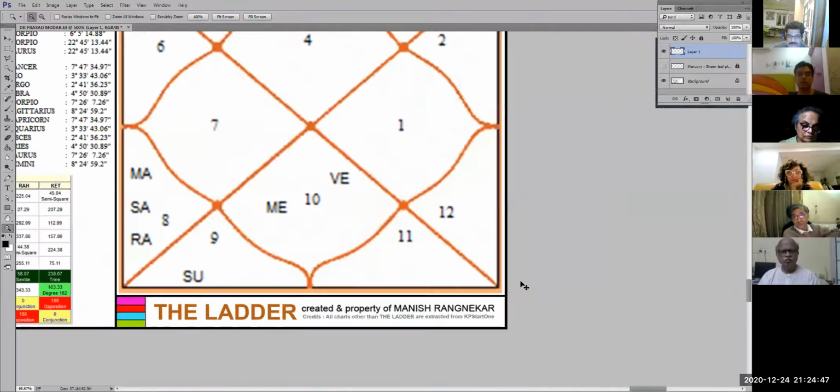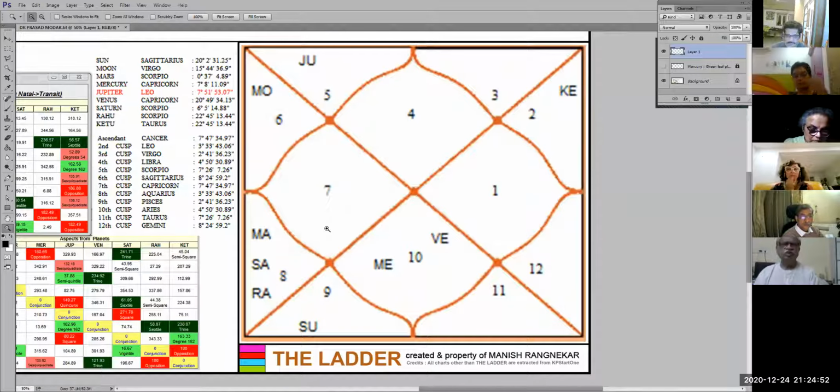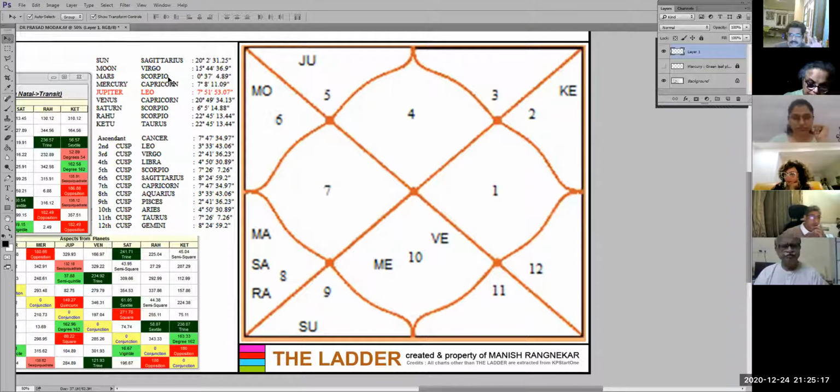Now, can all of you see this? Let us take a simple case and do the degrees. Let's say Mercury is in Capricorn at 8 degrees. Capricorn is which one? 10th.